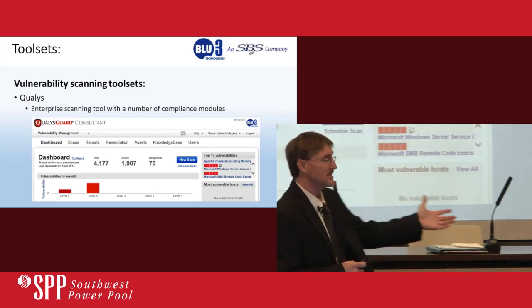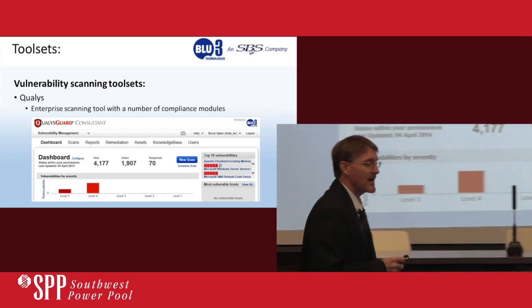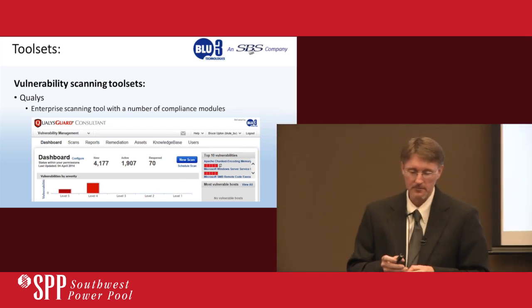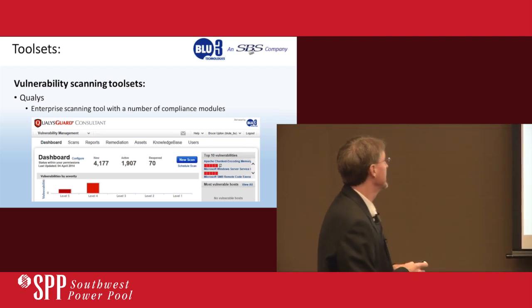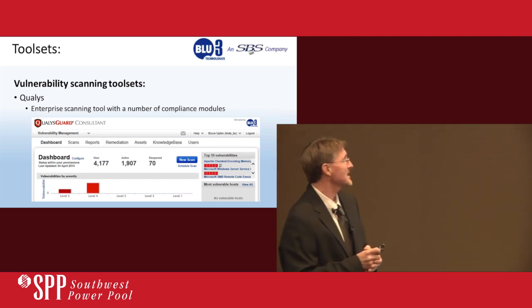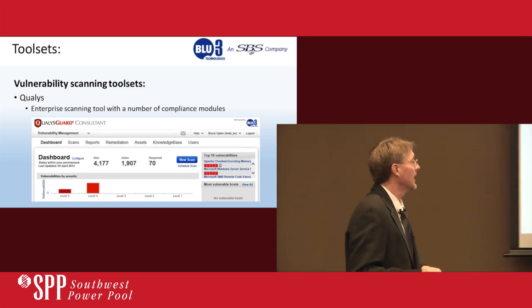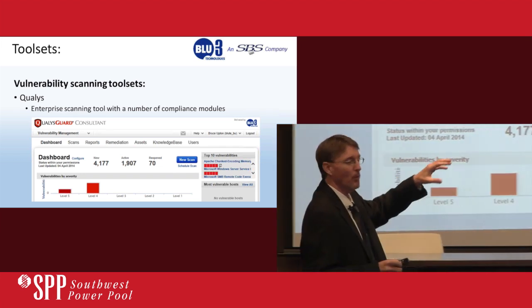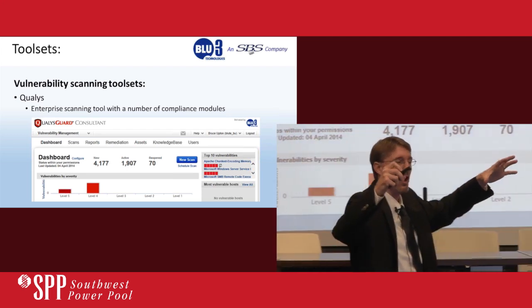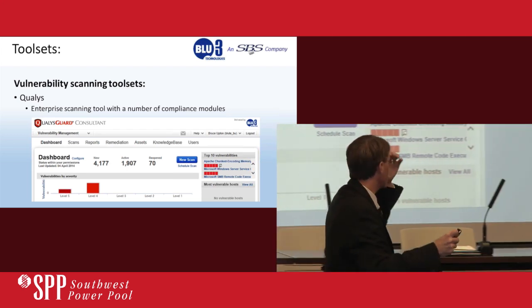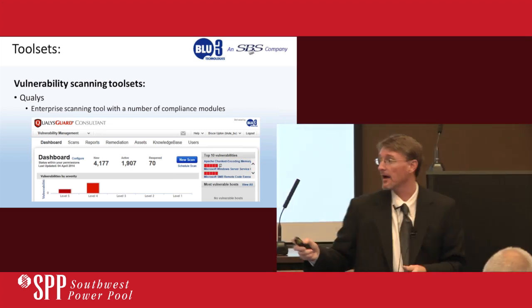A quick glance at the Qualys interface. We'll see that it's generally speaking pretty user-friendly. Qualys will track scan data, archive reports, give you remediation. You can set up individual users. It will span the entire Qualys community and tell you what the top 10 vulnerabilities are at all time.